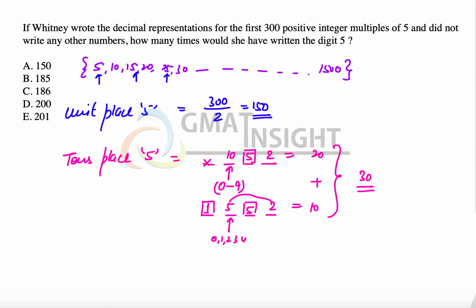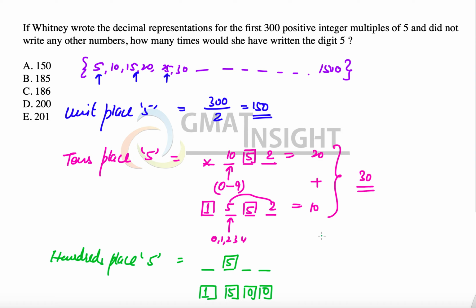Now the third question is to find how many numbers will have the hundreds place 5. So when 5 comes at the hundreds place, out of the 4 places, this place has to be filled by 5. Certainly we can make only one 4-digit number, when the leftmost place is 1 and the remaining places are 5, 0 and 0, because this is the only number we can count.